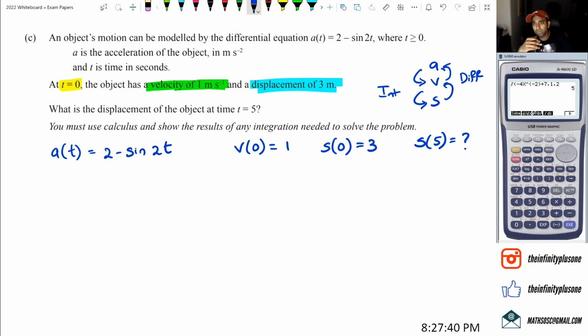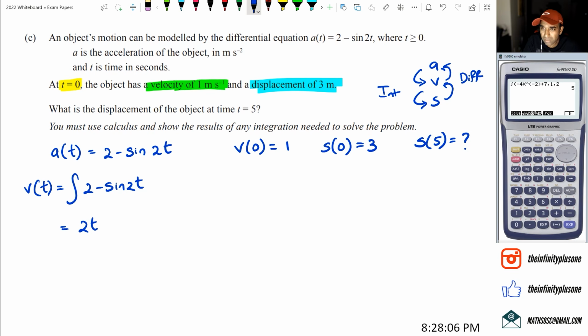So we're going to work through one step at a time. We're going to integrate acceleration, find out what the velocity is, integrate velocity, find out what the displacement equation is, and then finally we can work out what s of 5 is. So v of t is the integral of 2 minus sine 2t, which is going to give us 2t.